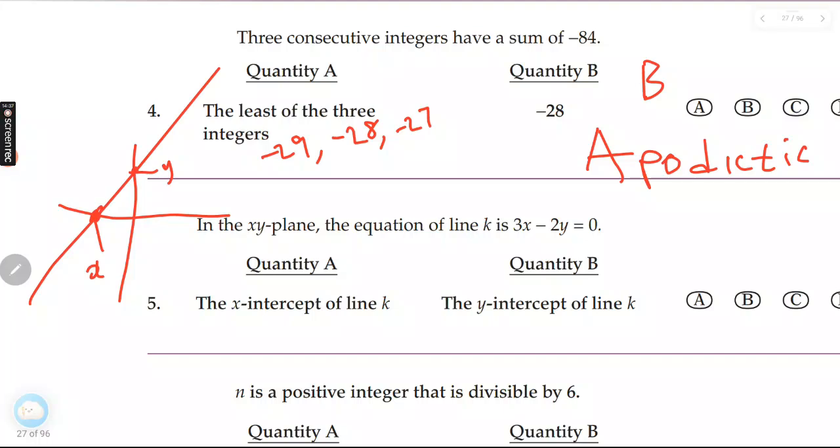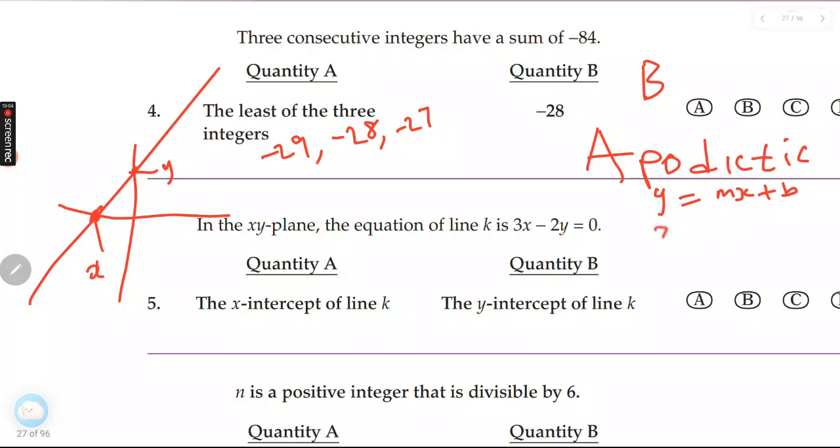But if you want to go a little pro, it will be very good to write this in the standard form, y equals mx plus b. In y equals mx plus b, m is the slope and b is the y-intercept. Let's put this in this form.